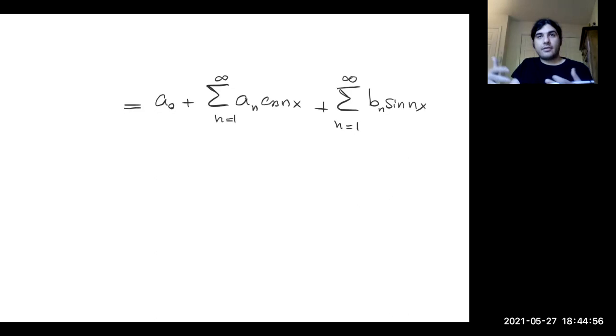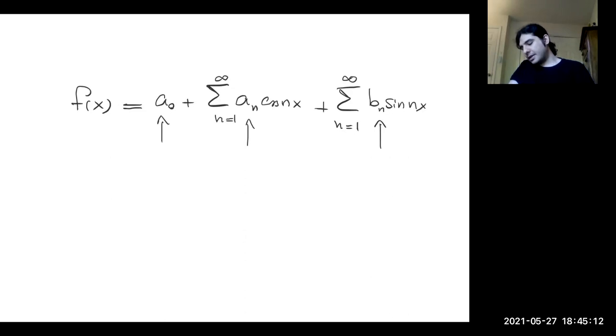If I have a function with period 2 pi, can I choose these constants a0, an, and bn such that I would get this equality? Is that possible or not?